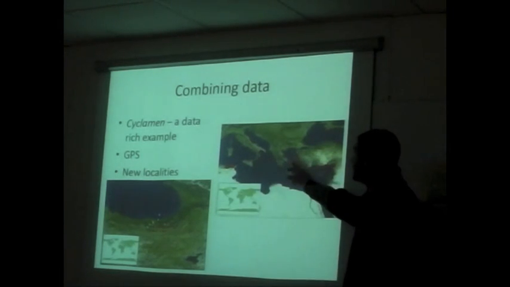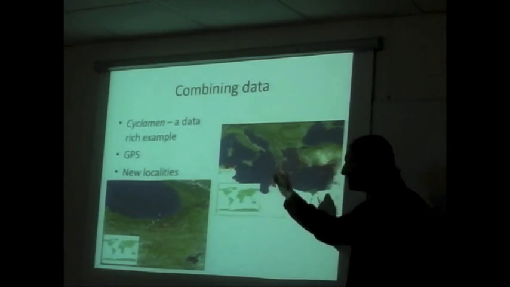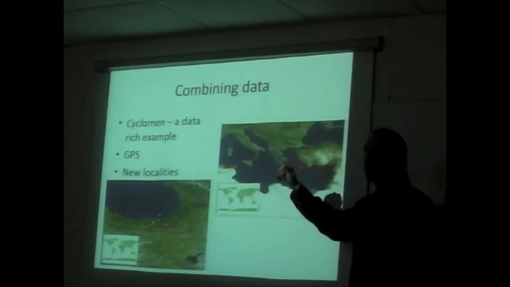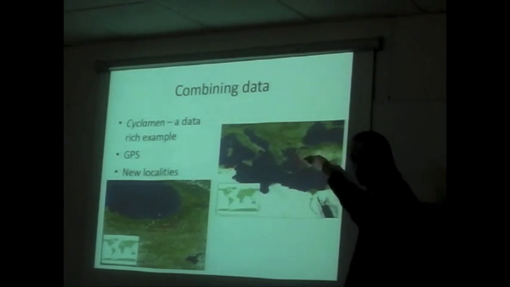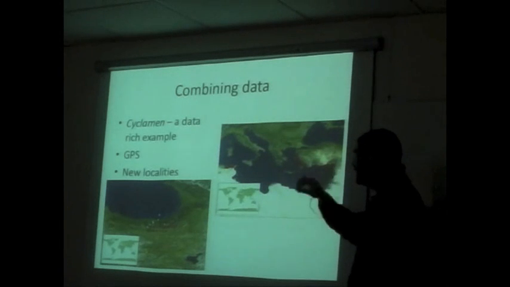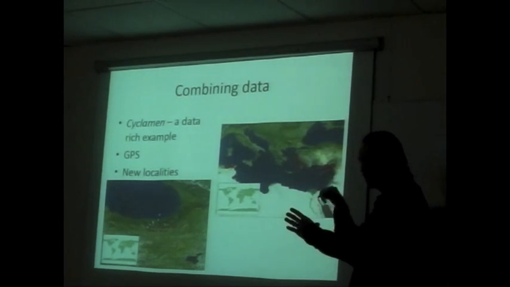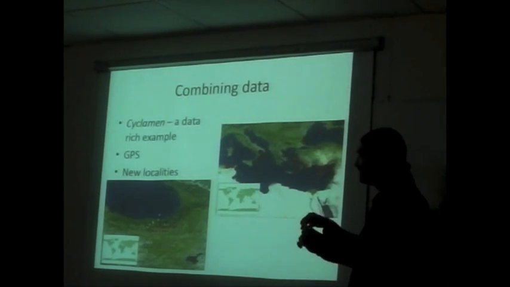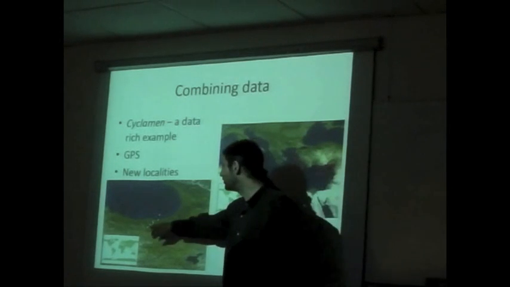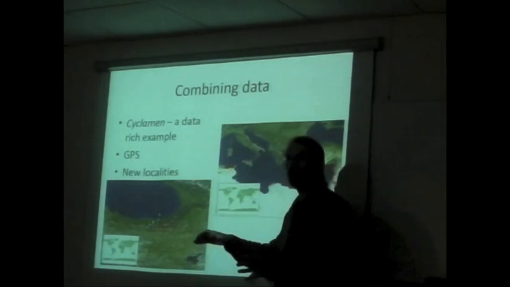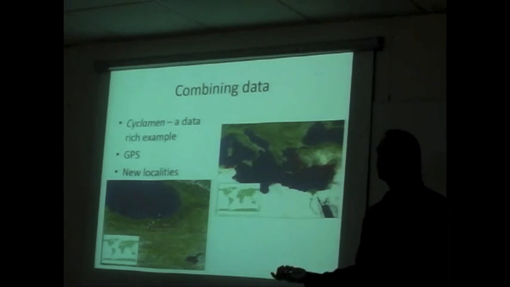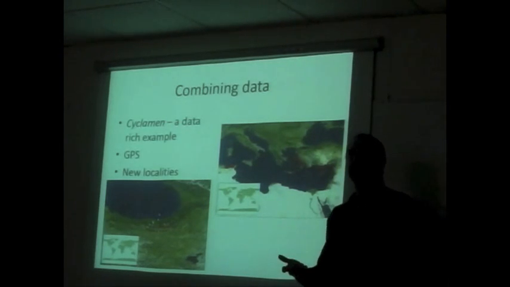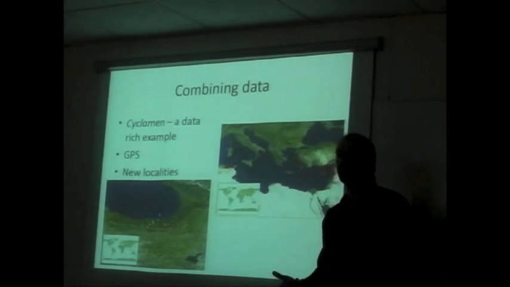With expert opinion, which is just somebody drawing a line on a map based on their knowledge, you get uniform distributions, which means that each area is equally represented, whereas when we have collections, we get more of a random pattern. Okay? So again, we need to understand where our distribution data is coming from and which biases that gives us.